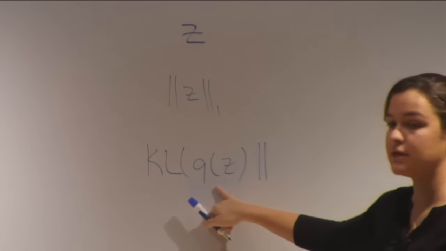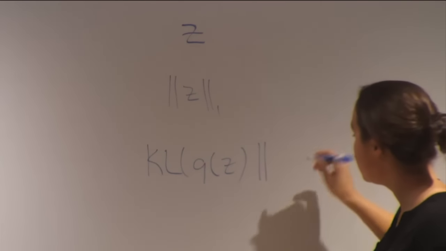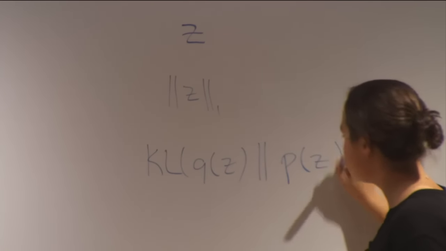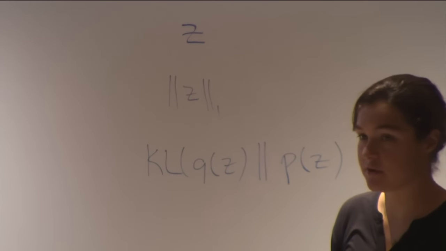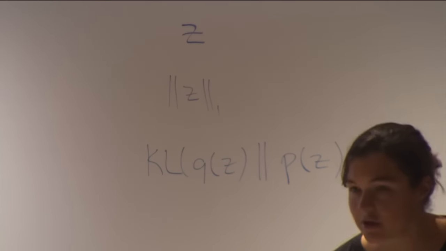Say Q of Z is the output of the encoder of the network, and P of Z is the prior distribution. Then you put a penalty of this form in order to encourage it to follow that distribution. And I'll talk a little bit more about that later.